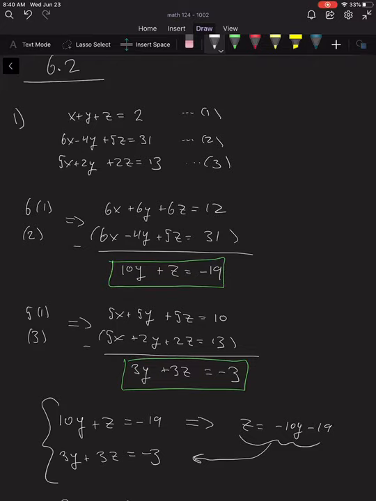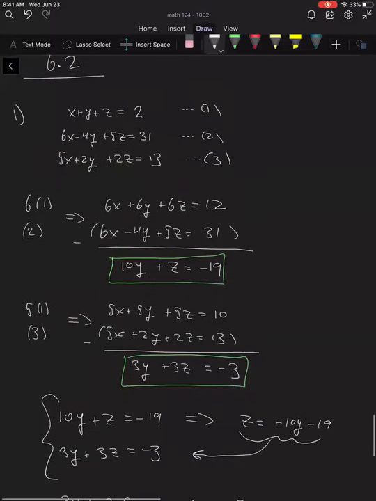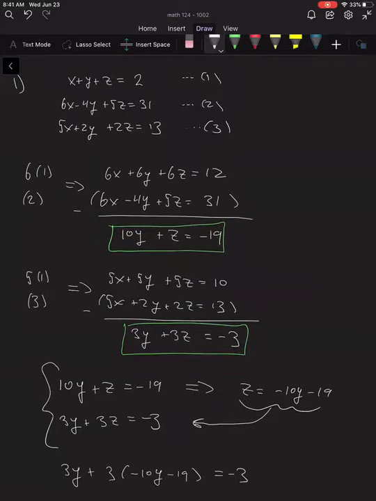So we did the first step right. 6, 6, 6, 12, and 6 minus 4, 5, 31... all right, that's 10. Okay, so I believe that's right. Now what happened in the second step? So we had 5, 5, 5, and 10, 5, 2, 2, 13, 3, 3, minus 3. It seems okay.